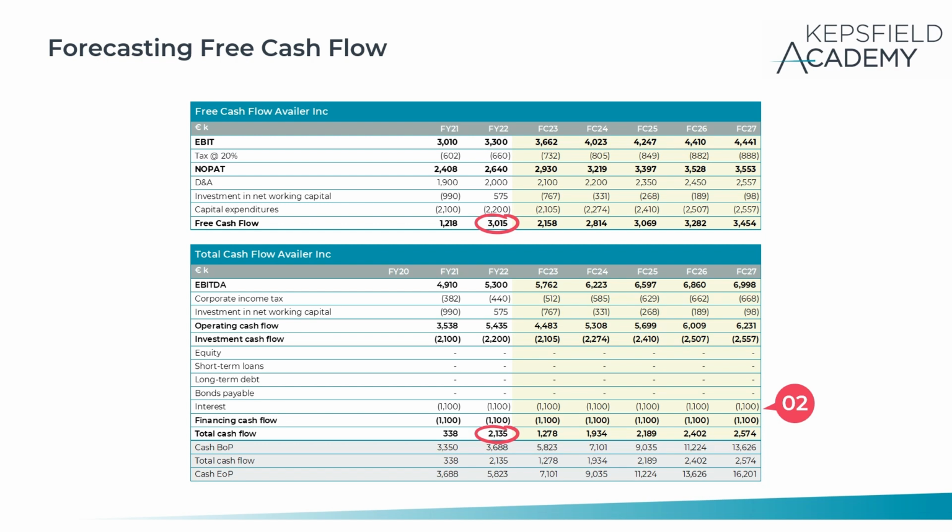Remember, free cash flow looks at the cash flow from core operations available to all financing providers, debt and equity. This is the cash flow before the impact of introducing debt in the capital structure of the company.